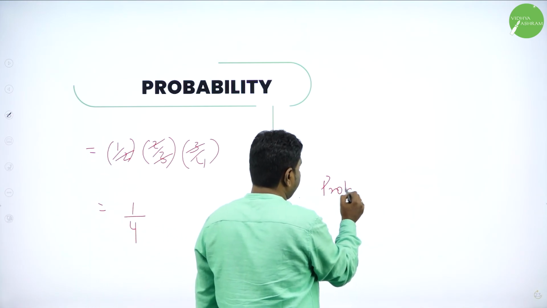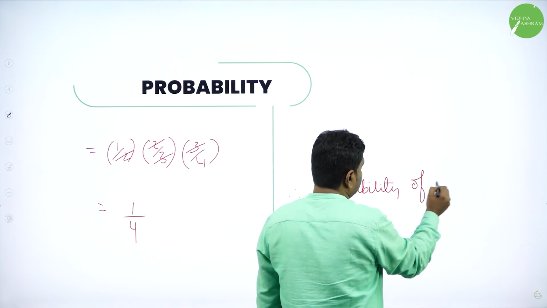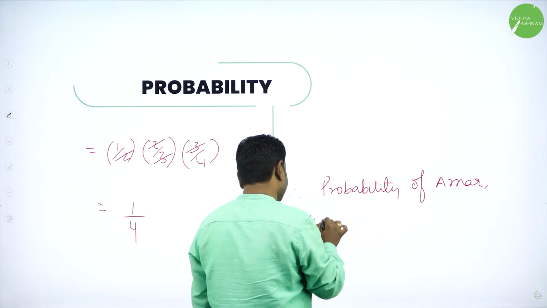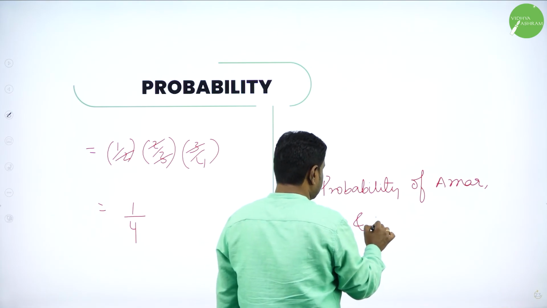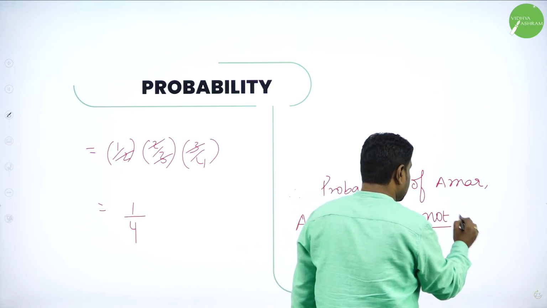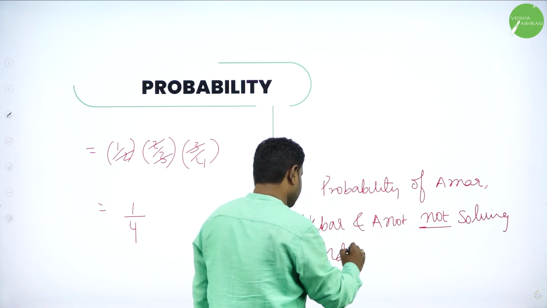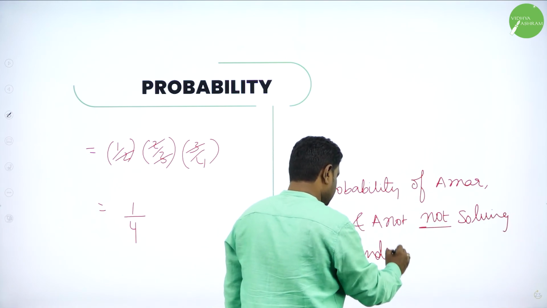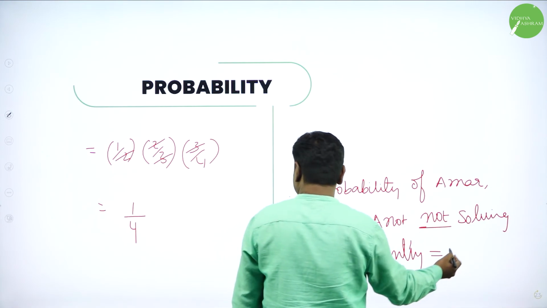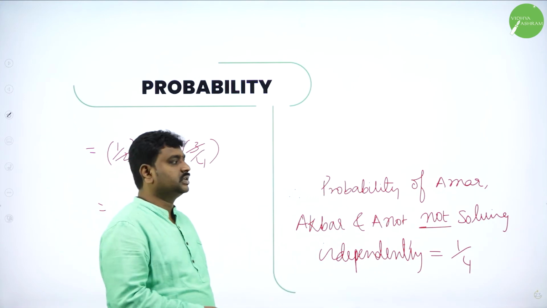The probability of Amar, Akbar and Anthony not solving independently is equal to exactly 1 by 4. Hope all of you got this.